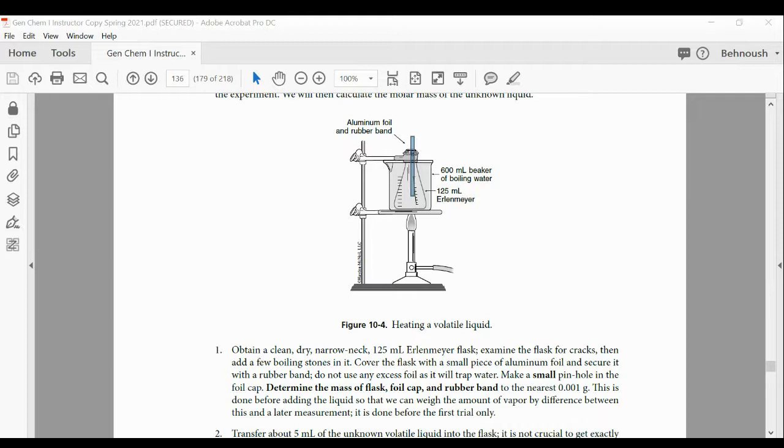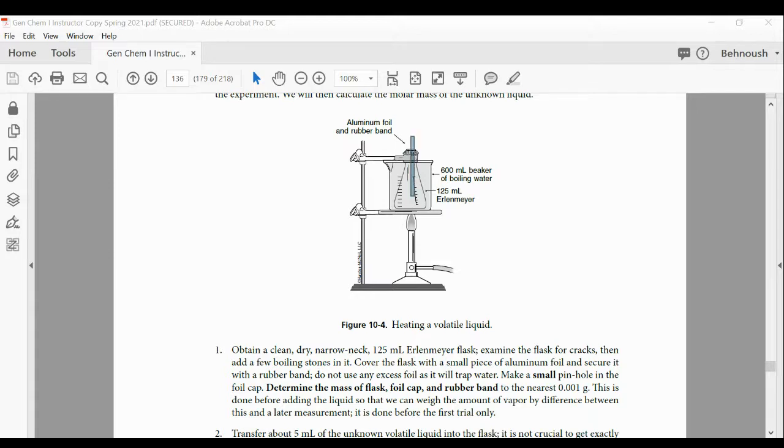When you take it out of the hot water, you dry the outside of the flask, and then you measure the mass right away. Make sure there is no water trapped under the aluminum foil. You measure the mass at that point.